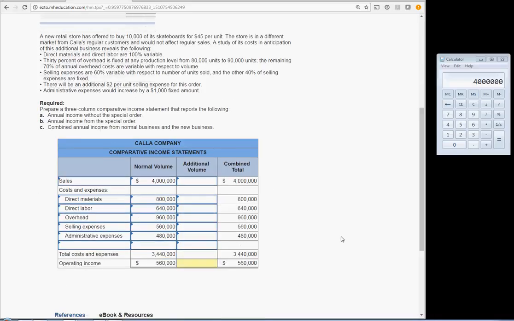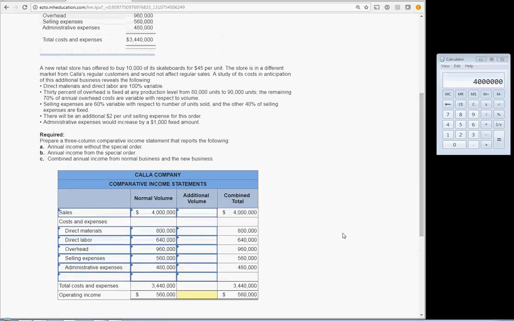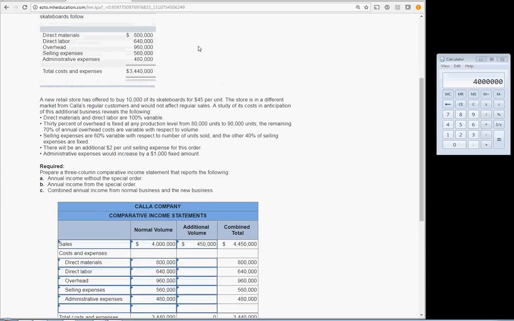That's probably the easiest part of it, but now we've got to get into the additional volume piece. What is that going to look like? Well, the special order is 10,000 skateboards at $45 per unit. If you do that math, 10,000 times 45 is 450,000. Now is where we kind of run into trouble because we need to know what the per unit cost is for direct materials. Well, if it was 800,000 when I produced 80,000 units, then direct material is $10 per unit.